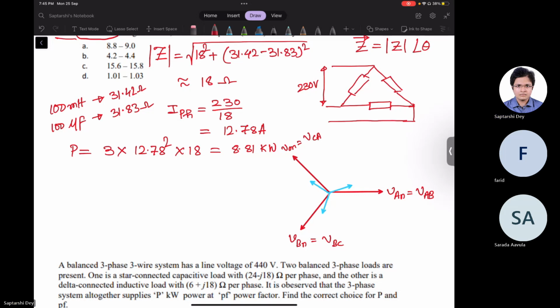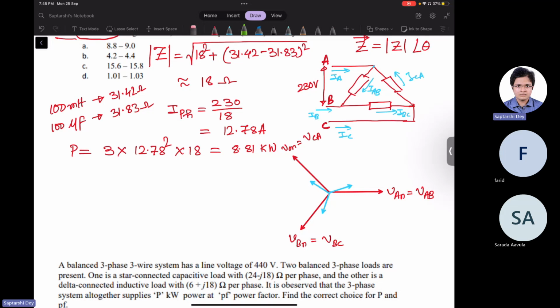Now this is very important. You have three phases A, B, and C. How do you mark the line currents? IA, IB, IC. And the phase currents: from A to B, IAB; B to C, IBC; C to A, ICA.